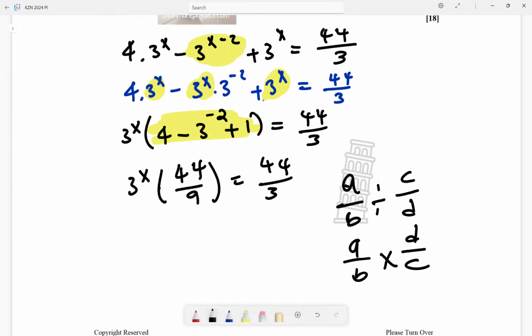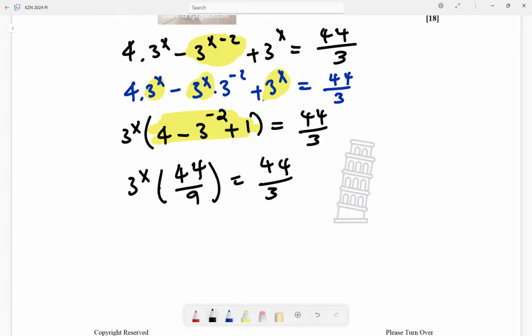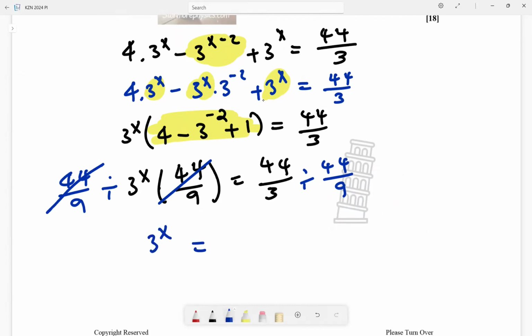But in this case, I will divide both sides by 44 divided by 9. When I do that, this and this cancel, then I'll be left with 3 to the power of x equal to 44 divided by 3 divided by 44 divided by 9.